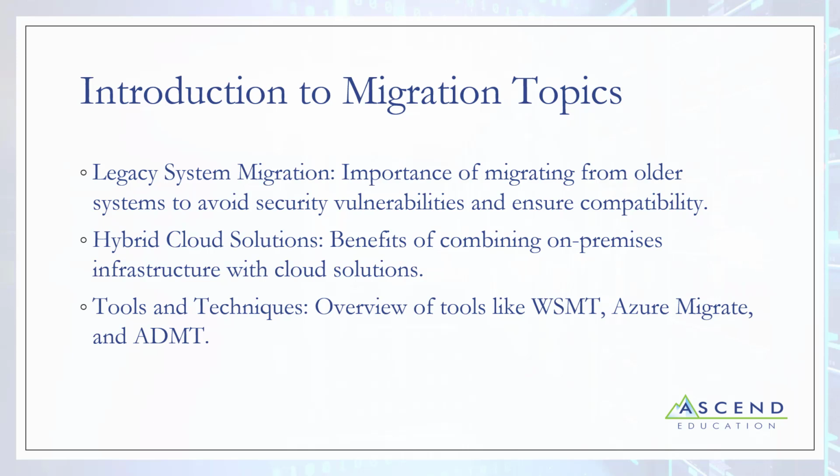So with legacy system migration, you've got to be able to migrate from older systems to avoid any security vulnerabilities. If you have an older version of Active Directory and Windows Server and you're merging with another company that has newer, then you want to make sure that everything gets migrated properly before any merger happens between the two.